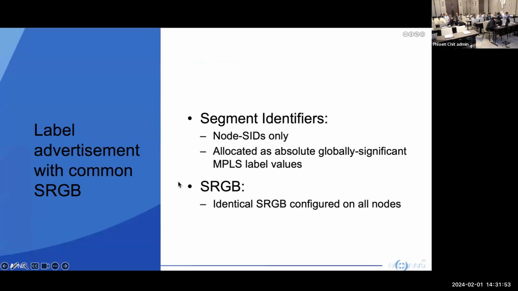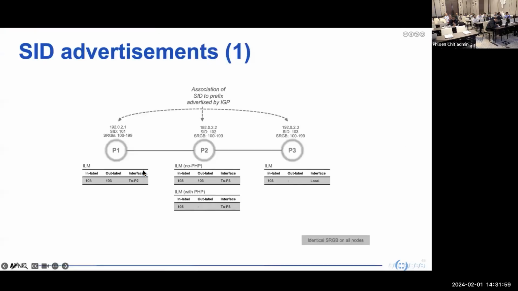All node SIDs are allocated as absolute, globally significant MPLS label values. There are 3 nodes in this network, P1, P2, and P3. Each node assigns an absolute label for its loopback address. For example, P1 assigns 101 for its loopback, P2 assigns 102, and P3 assigns 103 for its loopback.